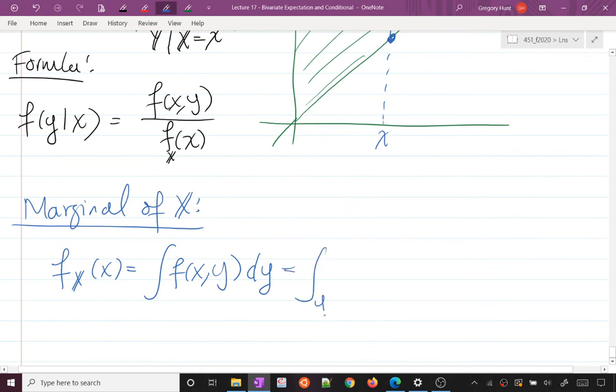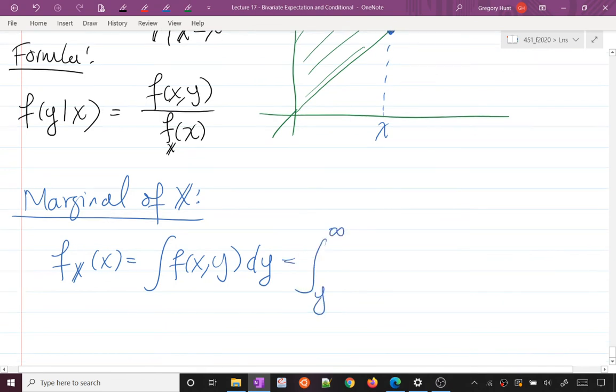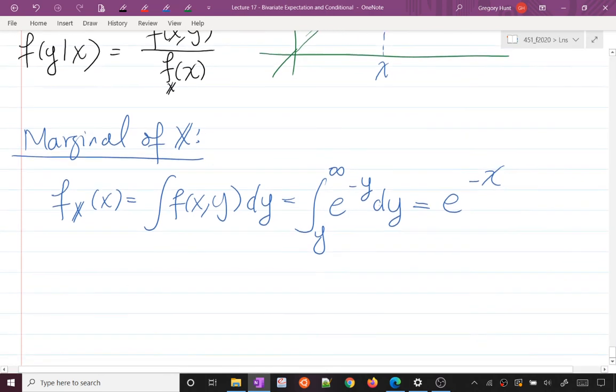So this is the integral from x to infinity. Our joint is e to the negative y. Integrate dy. And Calc 1, maybe Calc 2, says this is just e to the negative x, right? I'll let you think about why that is true. That's pretty much a Calc 1 problem.